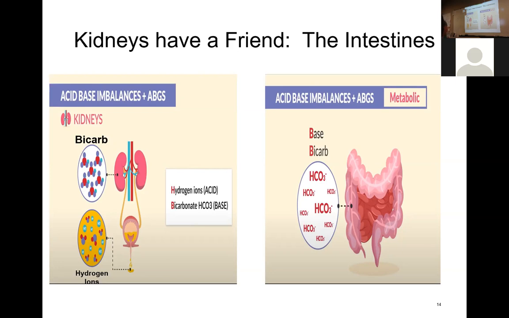Yeah, base, but we're getting rid of the bicarb. So you're going to be more acidic. So all that's left is the acid, right? Base, bicarb, but getting rid of that leaves the acid. So if you're losing it out of your rear, then you are in acidosis.